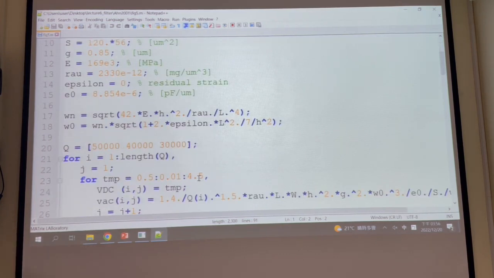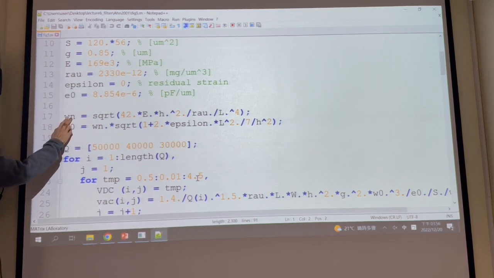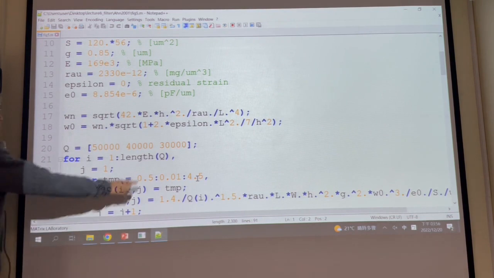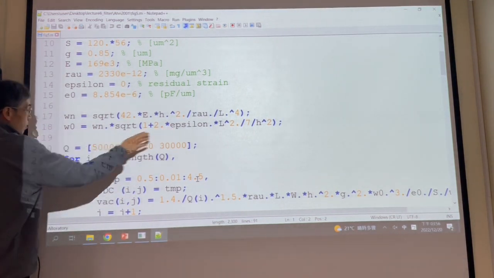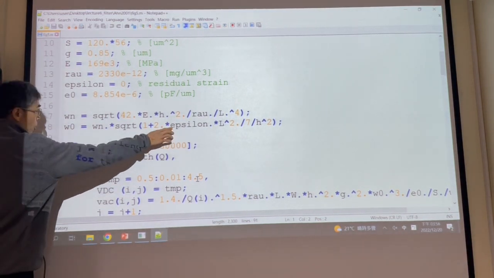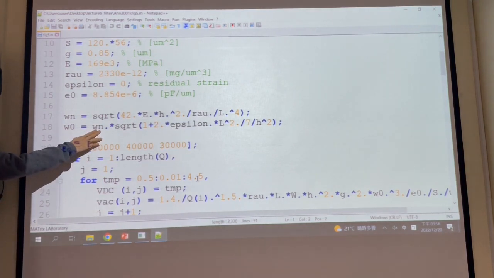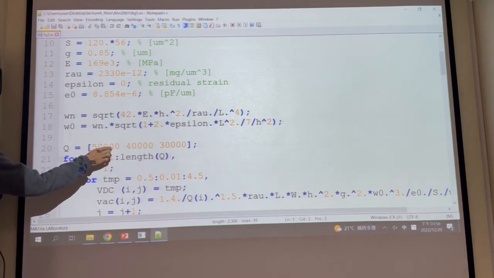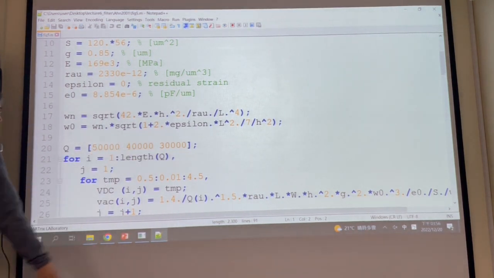You can look at the journal paper, the omega n equation, the omega 0 equation here. Because epsilon is now 0, omega 0 and omega n are the same. So we consider three cases for Q: first element, second element, third element.